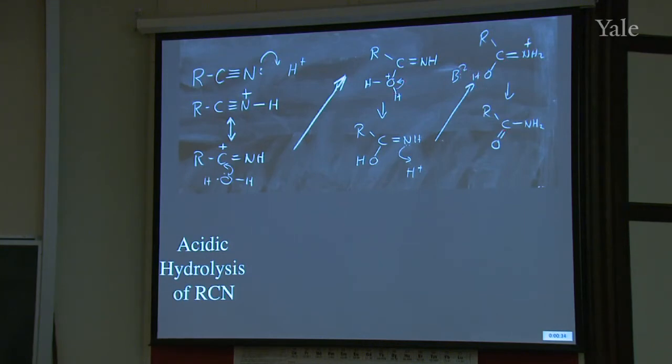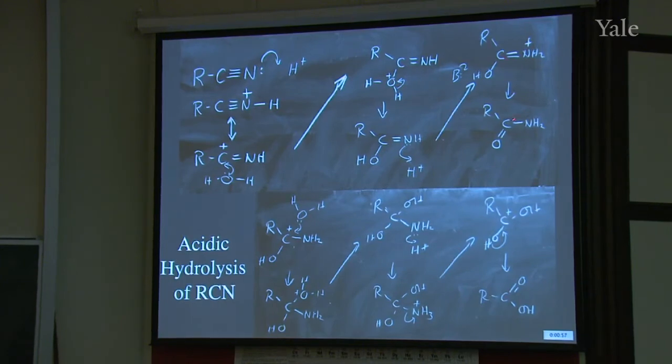In other words, this is an allylic rearrangement. It's a hydrogen here that goes to the other end of this double bond. Okay, so you can get part way to the acid. You get from this acid derivative to this acid derivative, the imide. Okay?